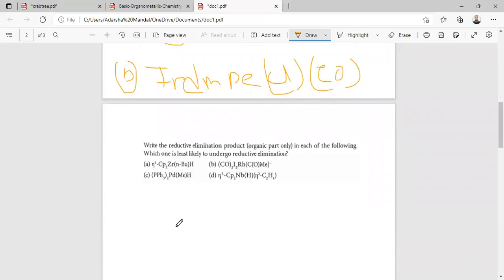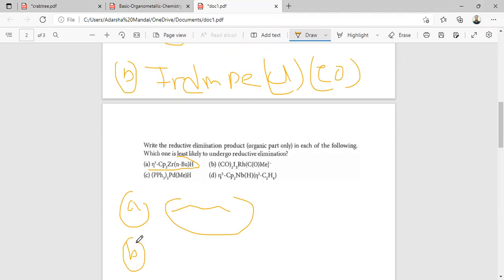So next, write the reductive elimination product in each of the following reactions. For the first one, butane will form.